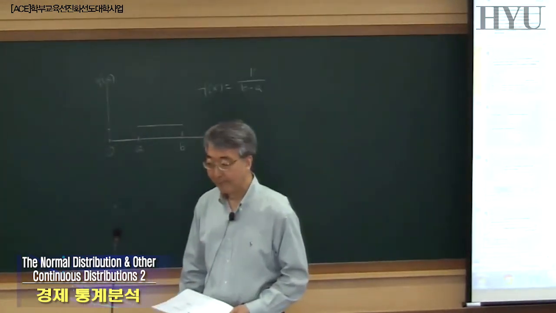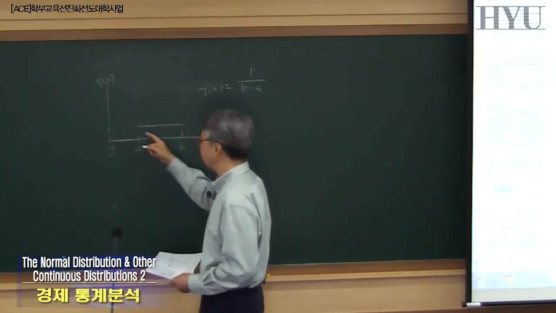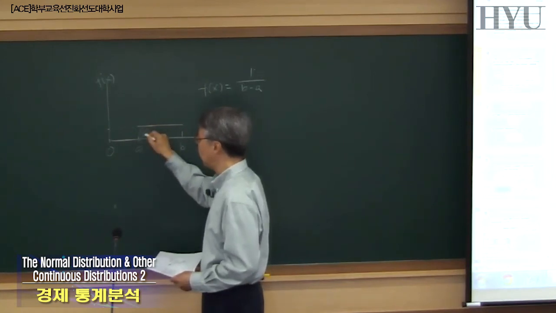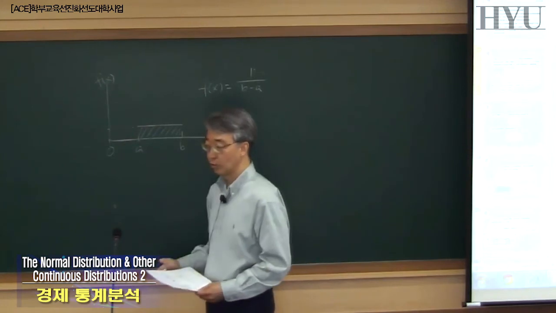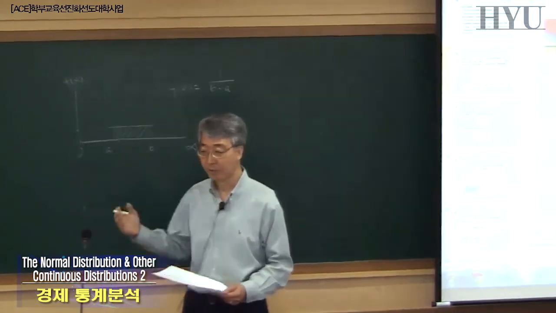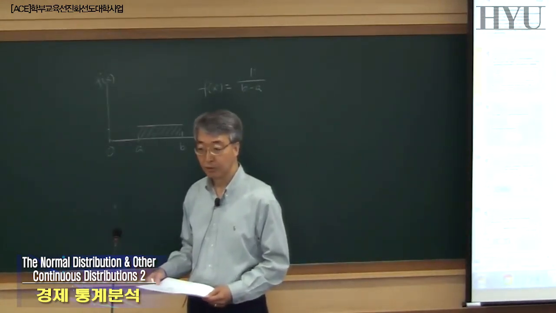And we can easily prove this because if this red line is a probability density function, the total area under the curve, or under this straight line, must be equal to 1, because it's a probability density function. We talked about it when we were dealing with normal distribution.